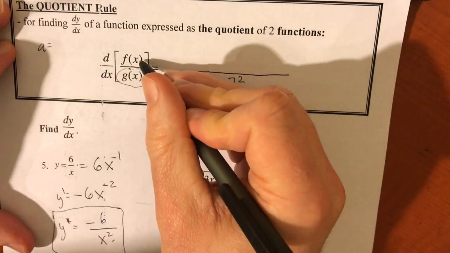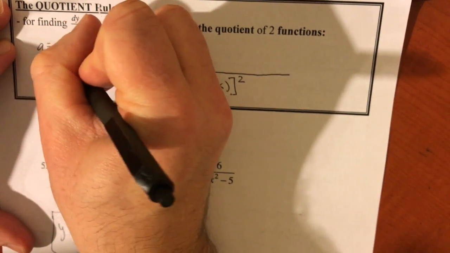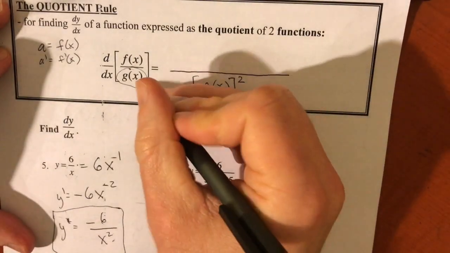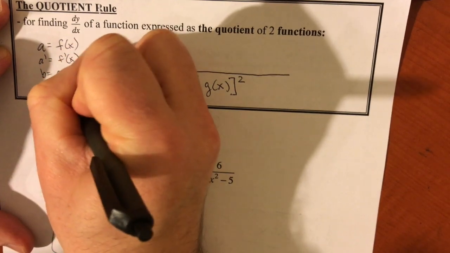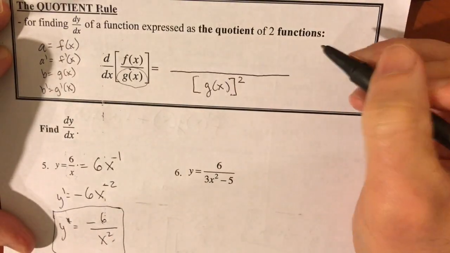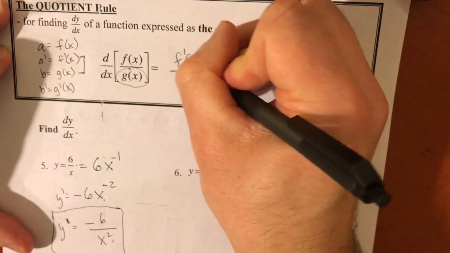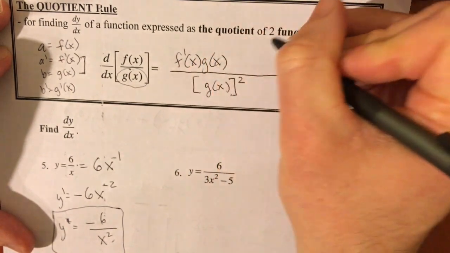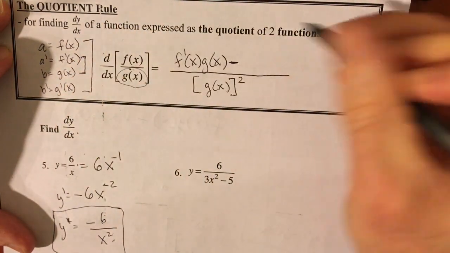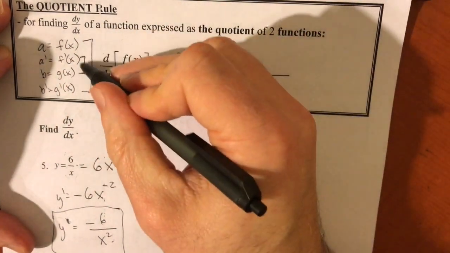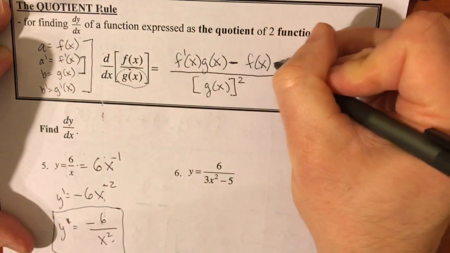If a is the top, which is f of x, and a prime is f prime of x, and b is the denominator g of x, and b prime is g prime of x, then the numerator is going to be the product of the inners, which would be f prime of x, g of x. But here's the difference. It's minus the product of the outers. And if you're doing subtraction, the order matters. So if you're setting this up, it's got to be inners minus outers, which would be f of x, g prime of x.